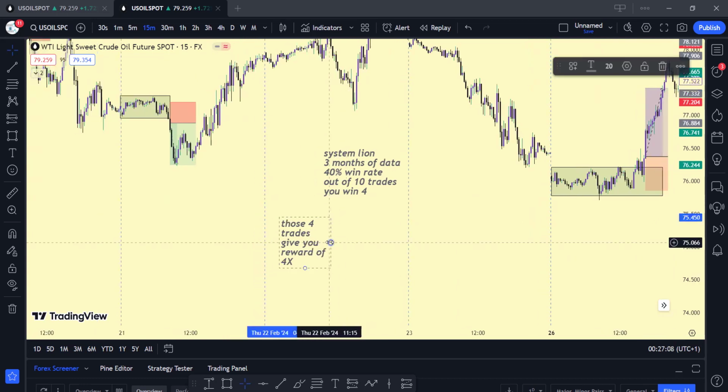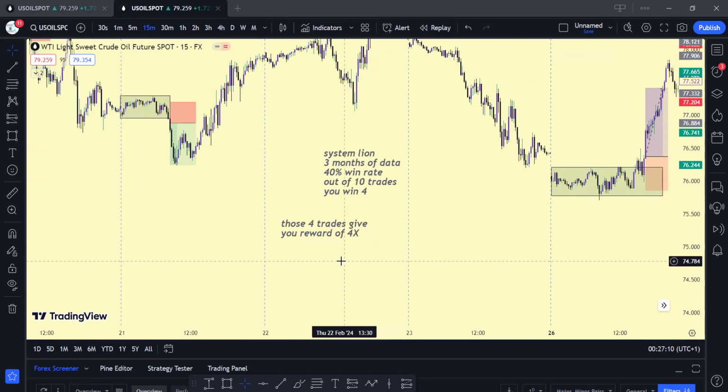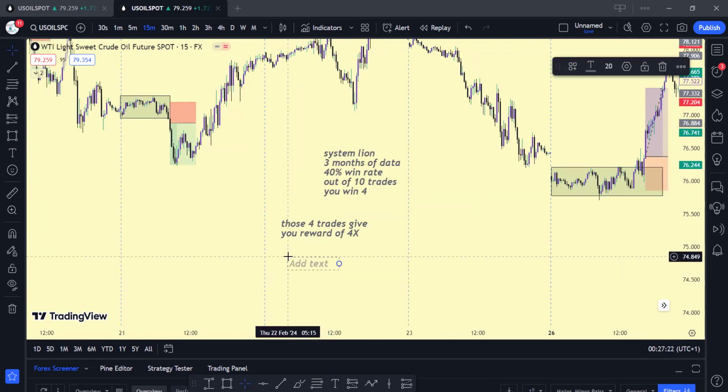What do I mean? It means that for every win you have, you'll make up for four losses. Let me give you an example. Let's say you're risking $10 per trade, fixed.